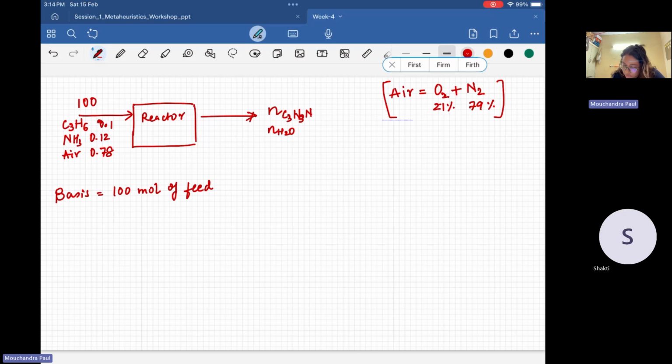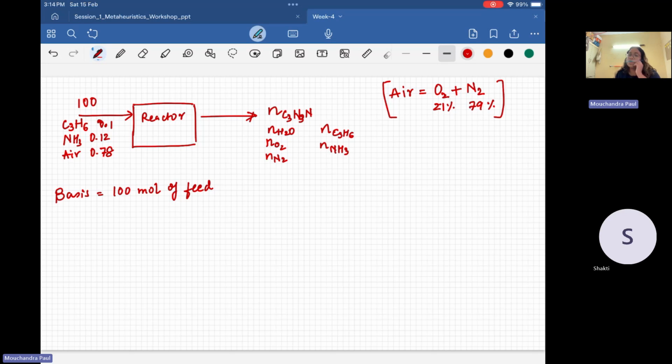We will calculate individually how much of each there is in a minute. First let me complete this flow diagram. O2, N2, these are the air components. Then propylene will also come out and ammonia will also come out. So in total, you see 6 species will come out in the product gas.